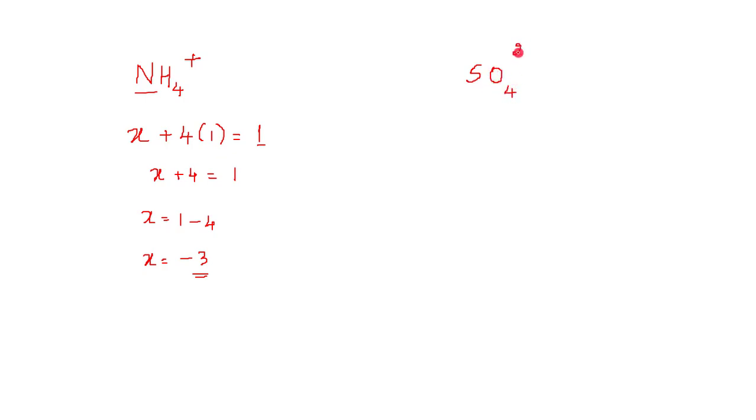SO4 2 minus. Calculate the oxidation number of sulfur. How will you calculate? Take sulfur as X plus 4 into oxidation number -2, equal to -2. 4 into -2 is -8, that is equal to -2.